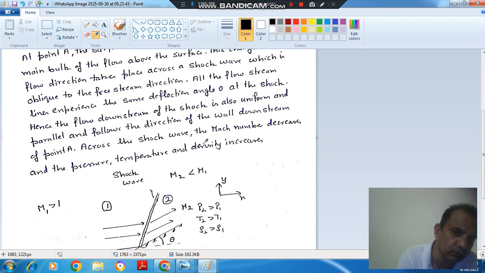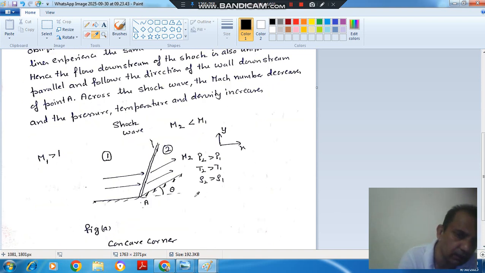Across the shock wave, the Mach number decreases, and pressure, temperature and density increase. So here we can see that this oblique shock wave is generated when there is a sudden discontinuity in the surface, or the surface is inclined, where the surface starts inclined at an angle theta.